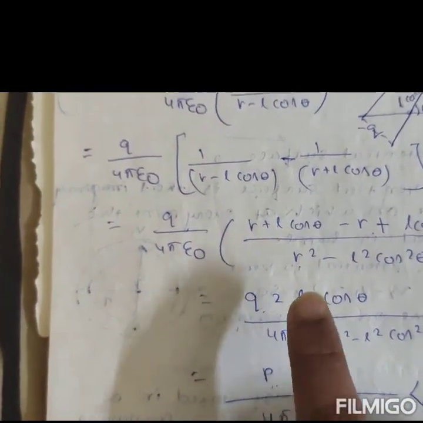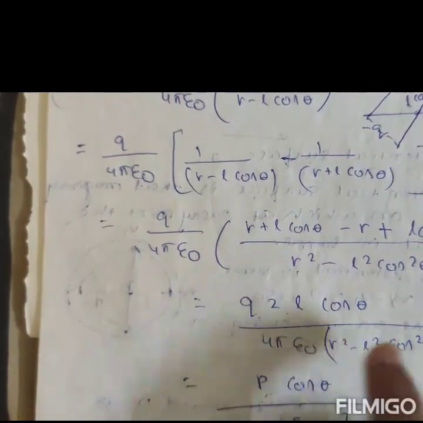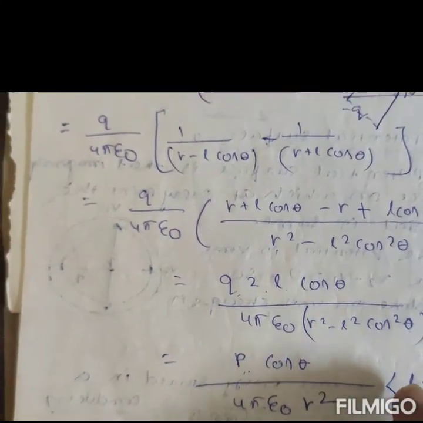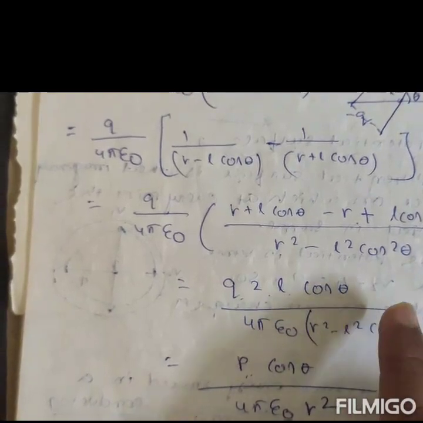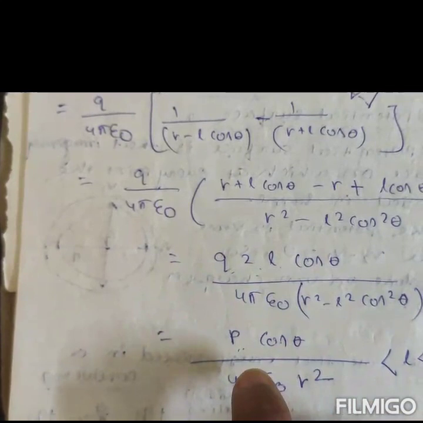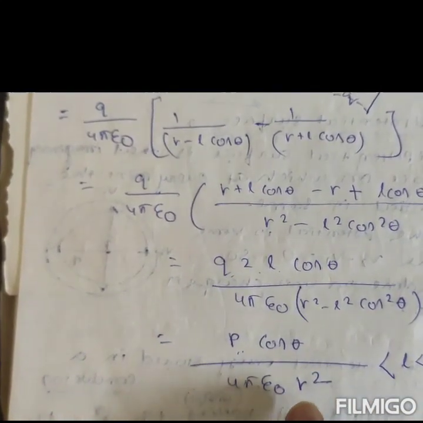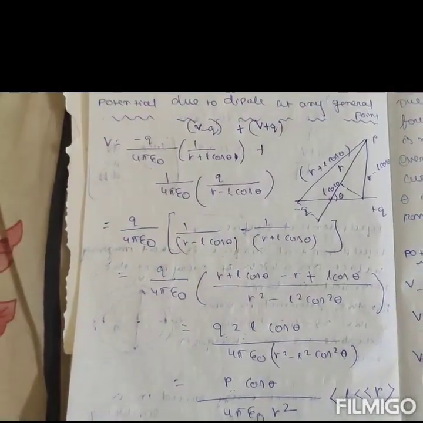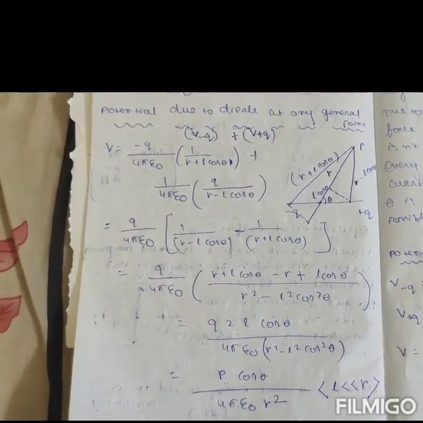If you neglect all the things, you will get Q into 2 L cos theta by this much. You know very well that L is always much less than R, so you can neglect this term. So you will get Q into 2L, which is the dipole moment, p cos theta by 4 pi epsilon naught R square. So this is the answer, and this is the full derivation. Thank you.